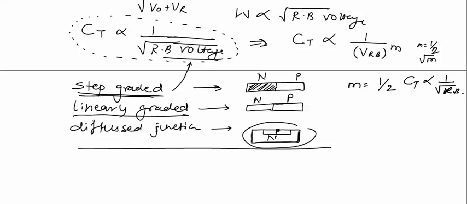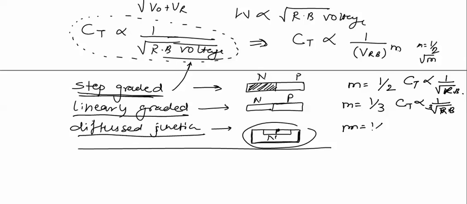If the diode is linearly graded, m equals 1 by 3 and CT is inversely proportional to the cube root of reverse bias voltage. If the diode is a diffused junction, m equals 1 upon 2.5 and CT is inversely proportional to reverse bias voltage raised to power 1 by 2.5. This was all about transition capacitance, or space charge capacitance, or depletion capacitance.